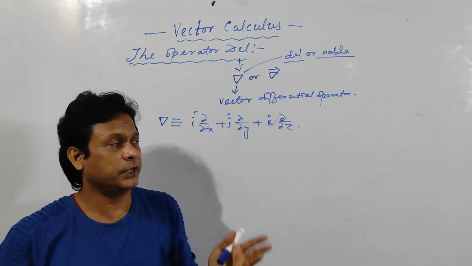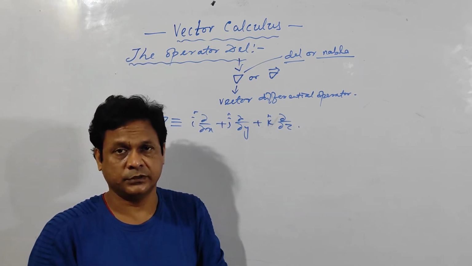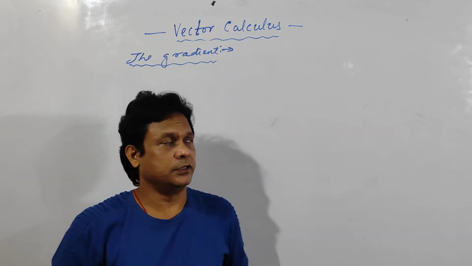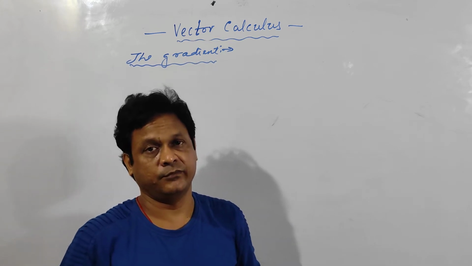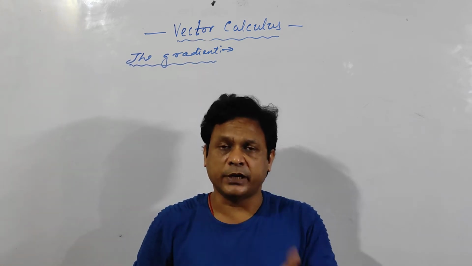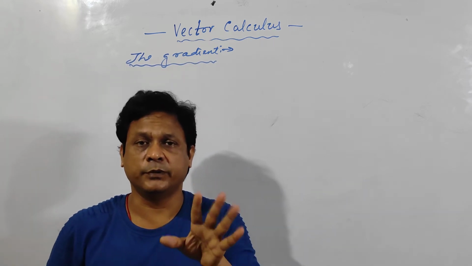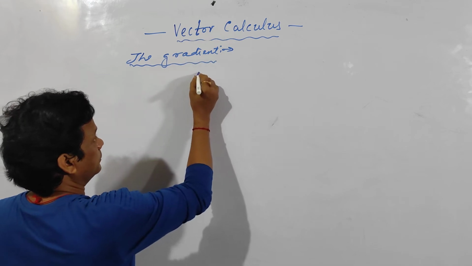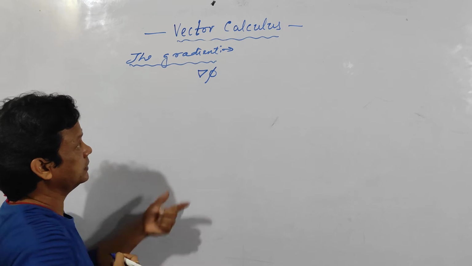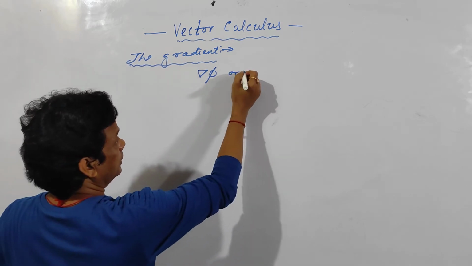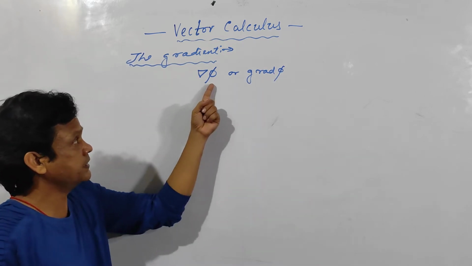And we have to operate del on a scalar point function or on a vector point function. Clear? See here, the first part starts with the gradient. What is the gradient? Gradient means rate of change. And you can find the gradient only of a scalar point function, not of a vector point function.